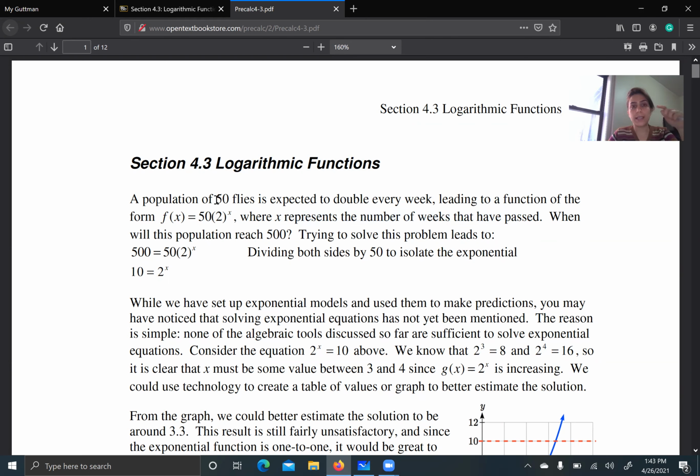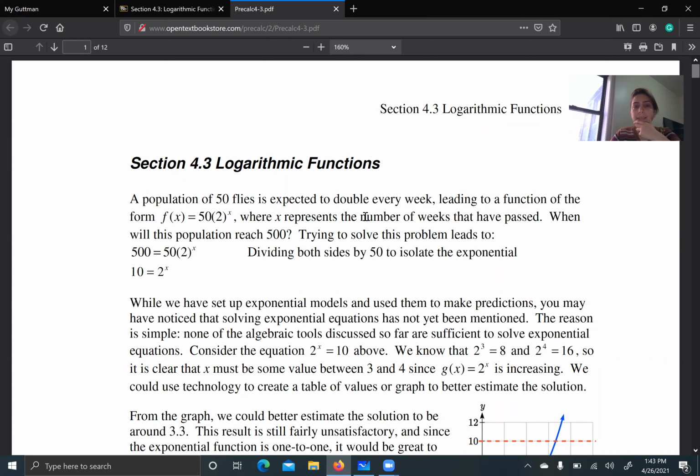So 50 flies is the initial population, the initial value, and then the population grows, but by what factor? Doubling every week.